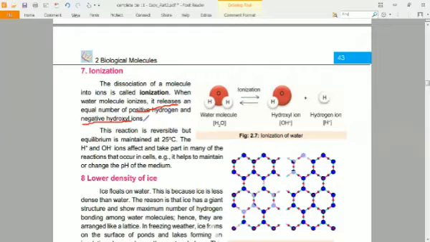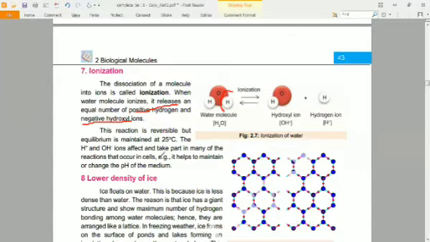When a water molecule is ionized, at almost 25 degrees an equilibrium is established, so hydrogen and hydroxyl ions are separated.